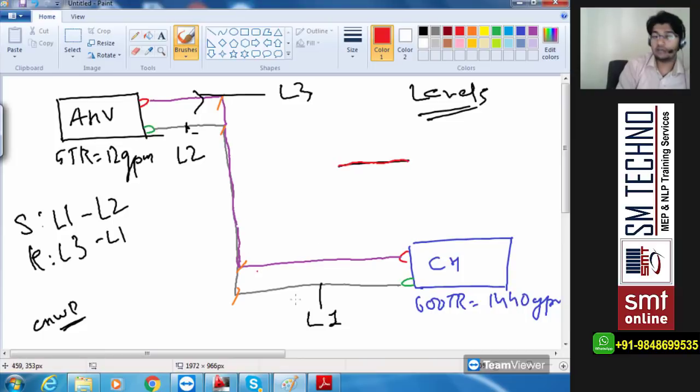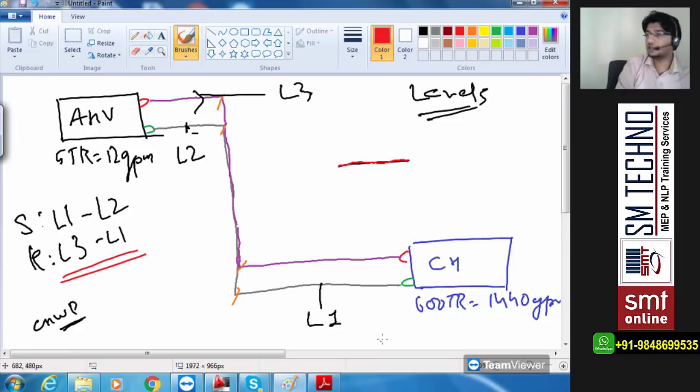Is it clear? So whenever you look at any drawing related to chilled water piping in the HVAC segment, you have to understand that when you look at the drawing from the top, you will be seeing only the return pipe. That means only the level 3 to level 1 flow you can see. But you also have to design level 1 to level 2, that is supply. So the design is going to look different.